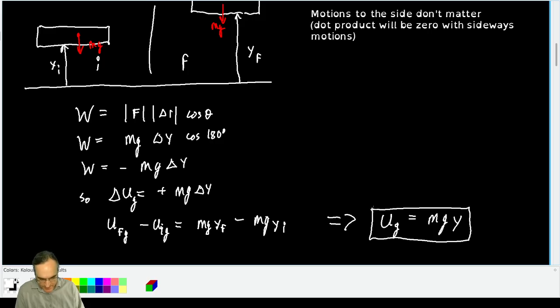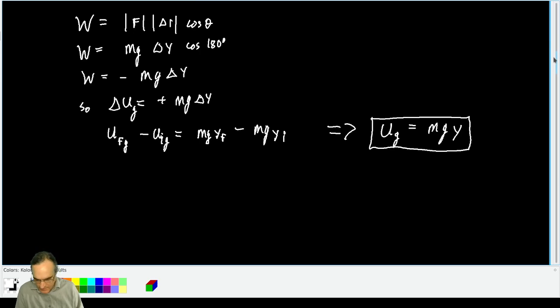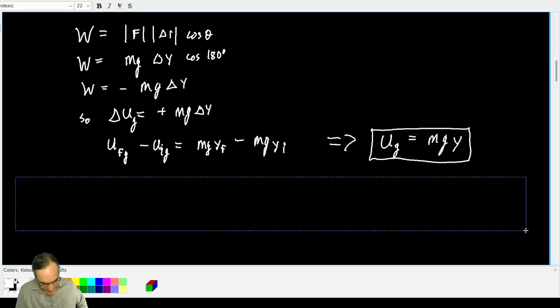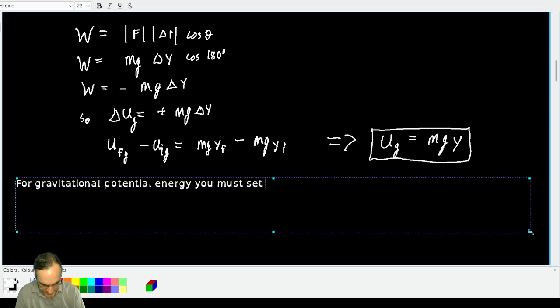Okay, I made a reference earlier to a reference point, and for gravitational potential energy, reference point is important to consider, but you can put it anywhere you want. So for gravitational potential energy, you must set y equals 0 somewhere.